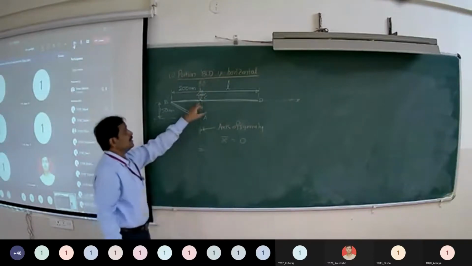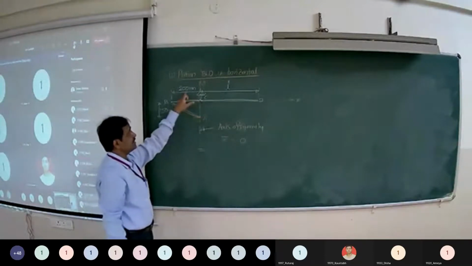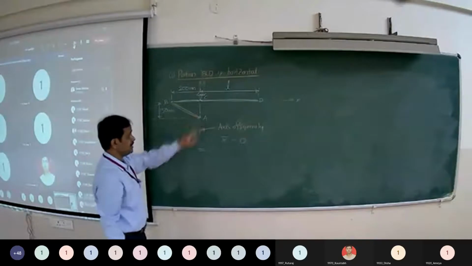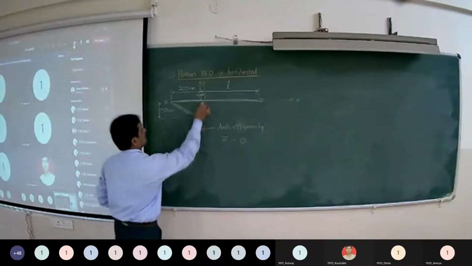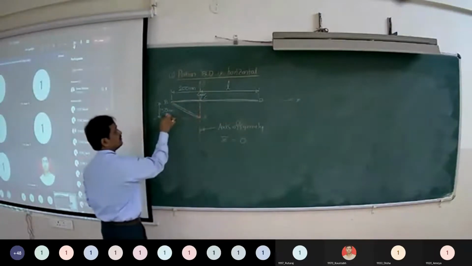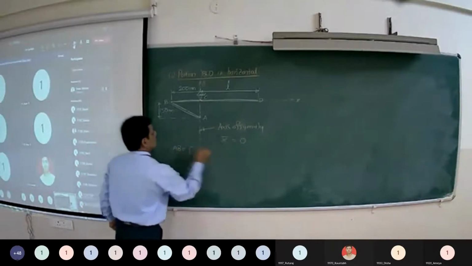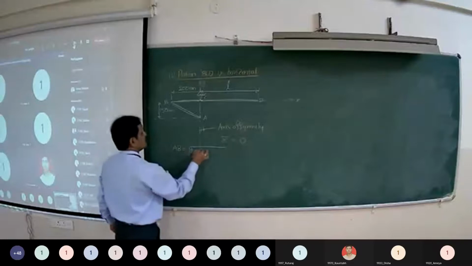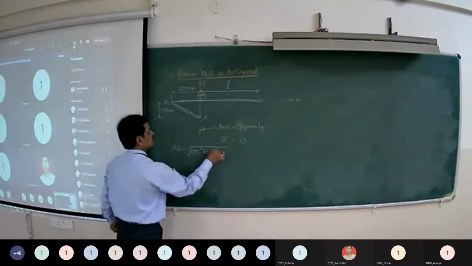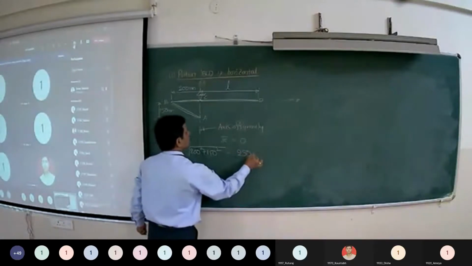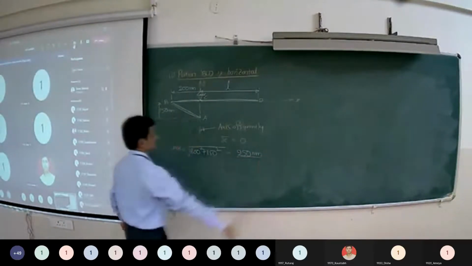Right? So the length of BC is given as 200 millimeters. So you can find the length AB from this right angle triangle. CA is given as 150. So AB is equal to square root of 200 square plus 150 square, that is 250 millimeters.